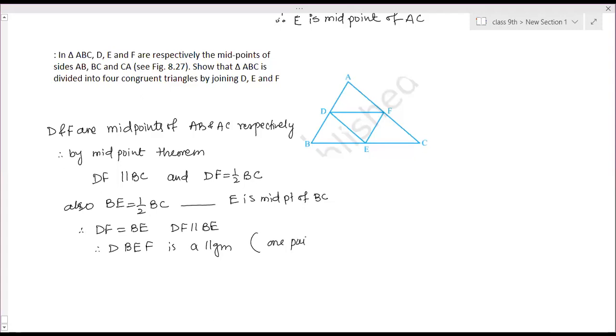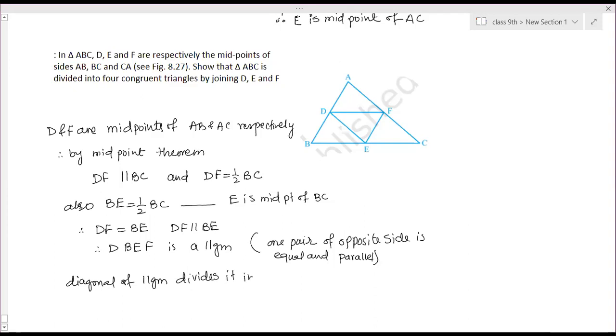One pair of opposite sides is equal and parallel. Now, diagonal of parallelogram divides it into congruent triangles.